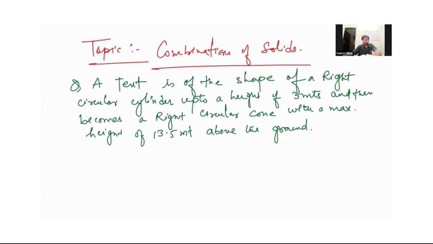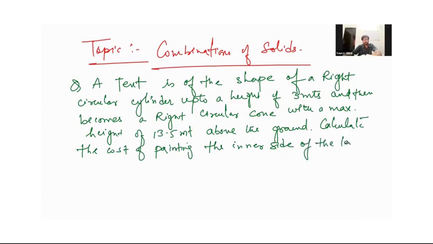Calculate the cost of painting the inner side of the tent at the rate of ₹2 per meter square.